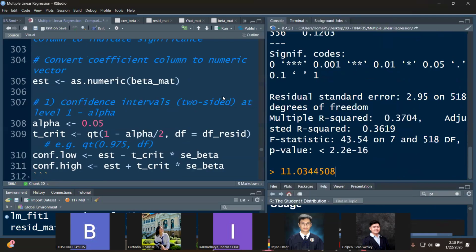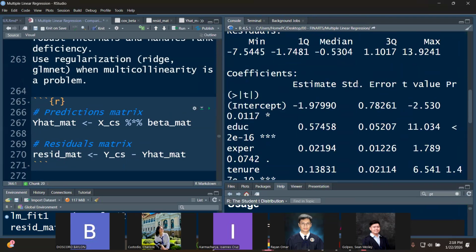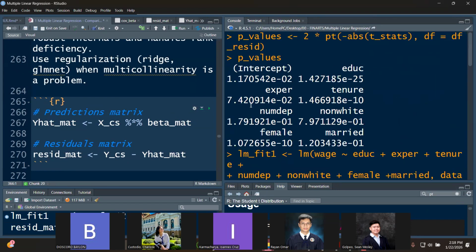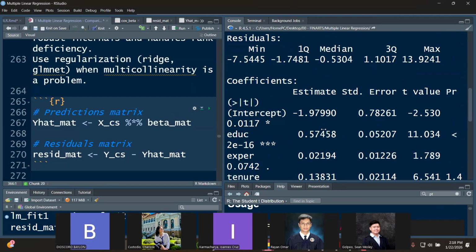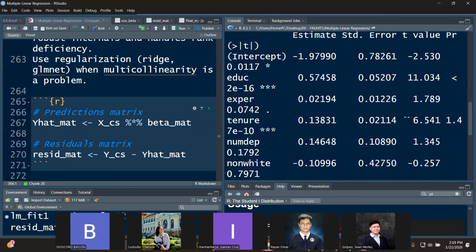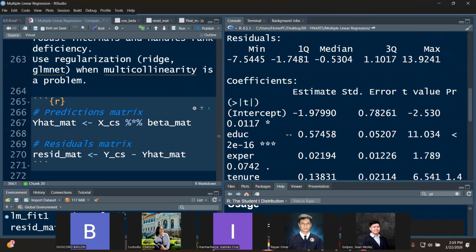Here. Intercept, class. 2 decimal places. 1, 2. So that's 0.0117, right? And it's exactly the same as this one. P-value. Here, ano ito? Sana si, yan, 0.0117.